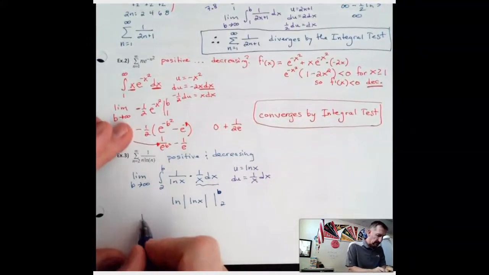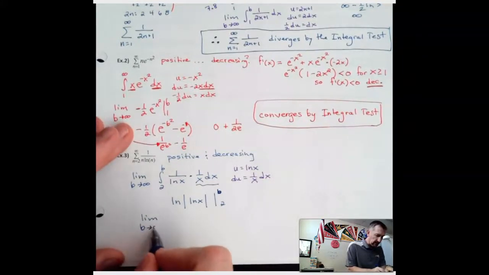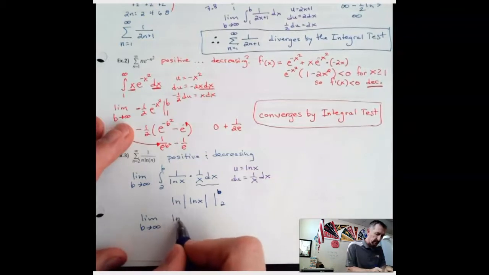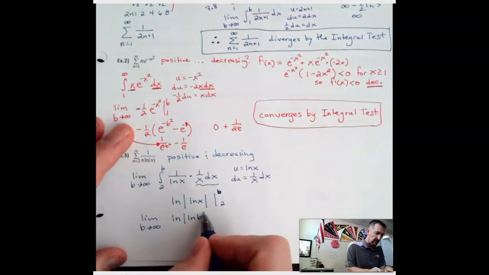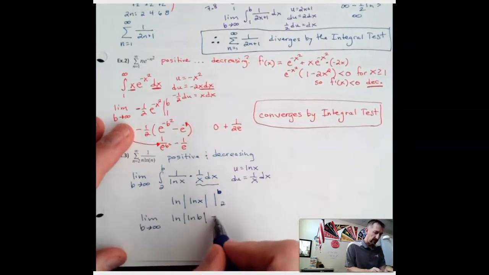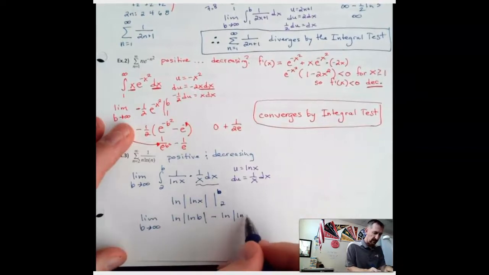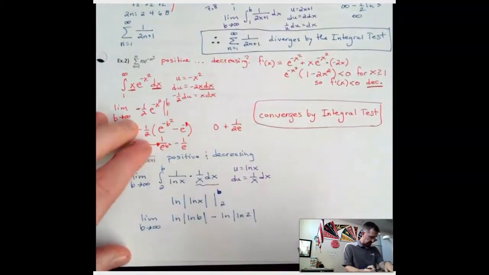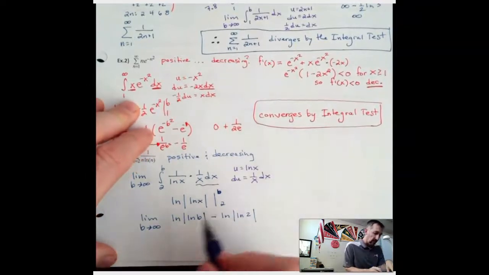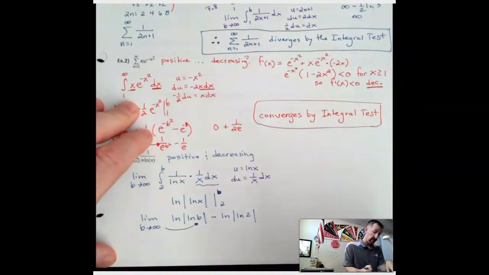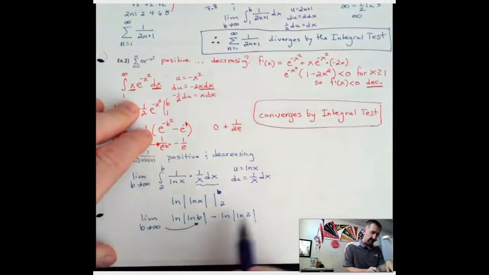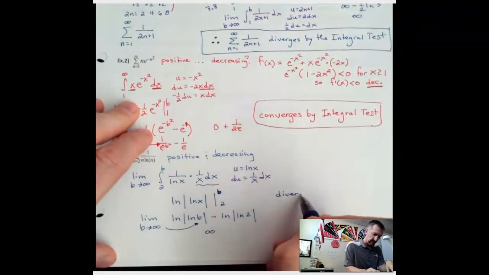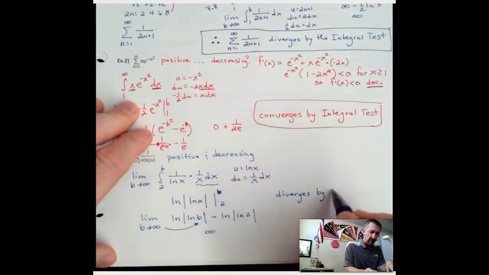So we're looking at the limit as b approaches infinity of natural log of b minus natural log of 2. If we plug infinity in there, we're going to have infinity minus that, which is infinity, so it diverges by the integral test.